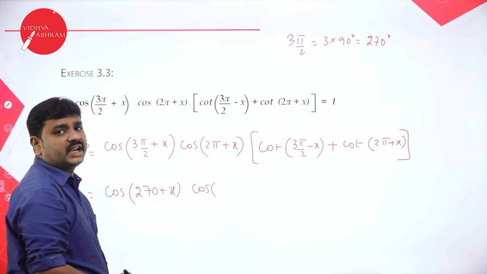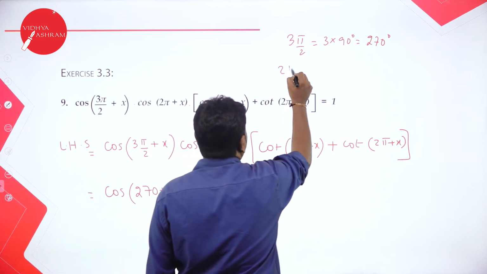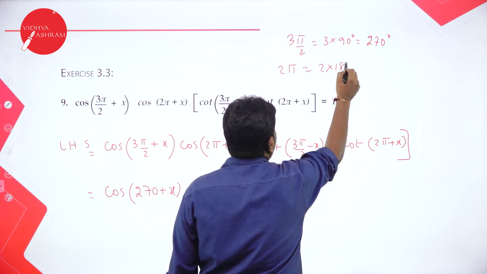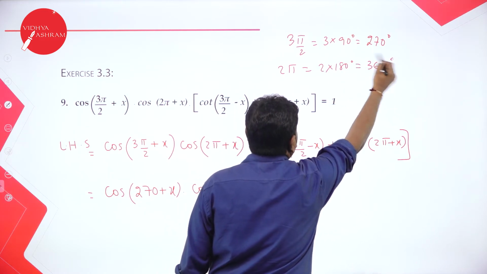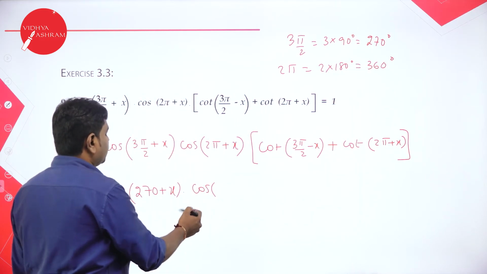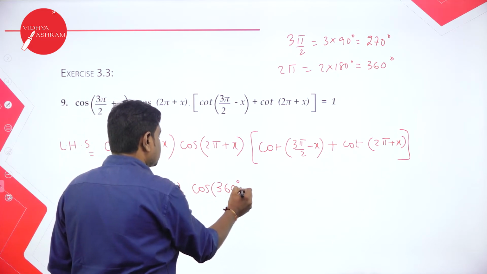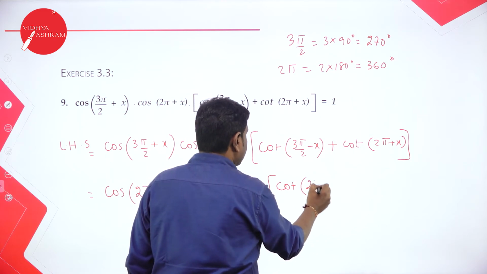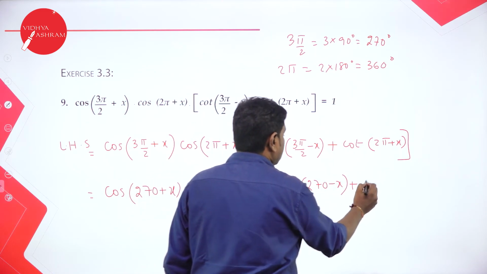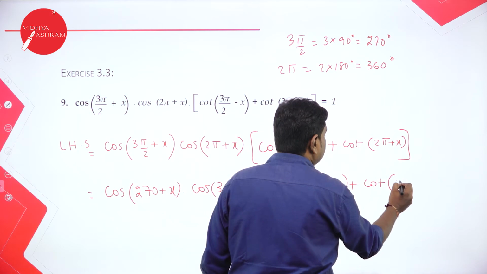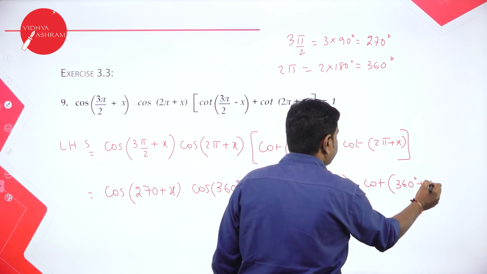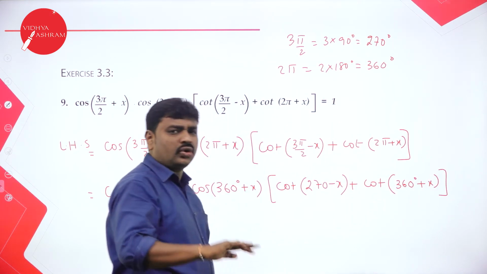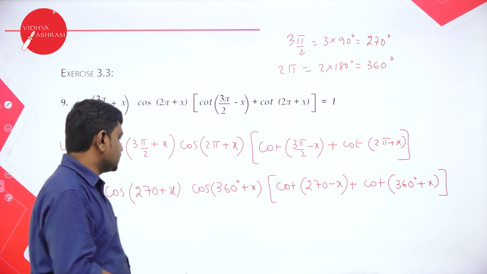Pi is 180 degrees. 2 pi means 2 times 180, which is 360 degrees. So 2 pi plus x can I write as cos of 360 plus x, and this is cot of 270 minus x, and cot of 360 plus x. I wrote in degrees so that we can use allied angles easily.